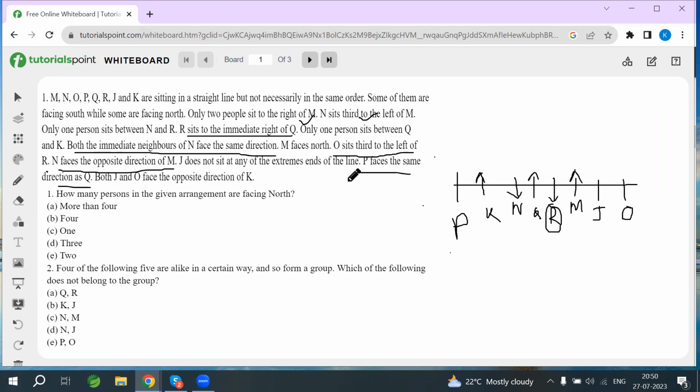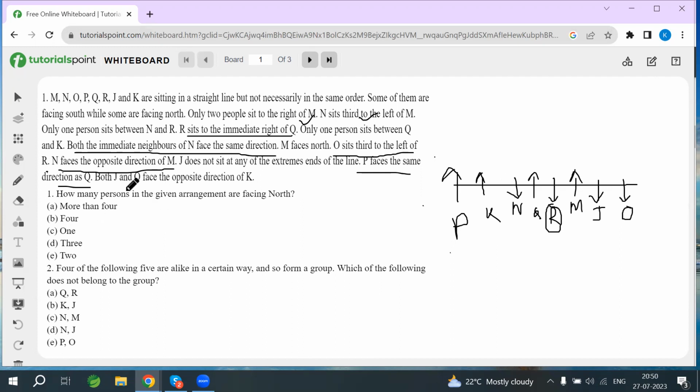O sits third to the left of R. J does not sit at any of the extremes. P and Q are in the same direction. Both J and O face the opposite direction of K. So K is in the north direction, and J and O would be in the south direction. Now this is all cleared.